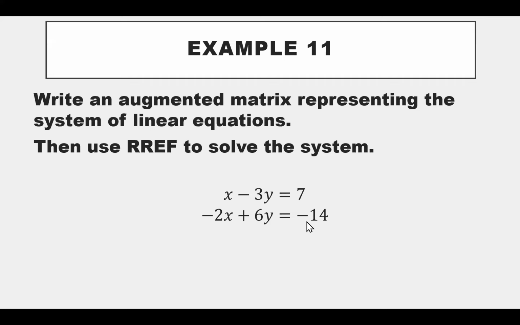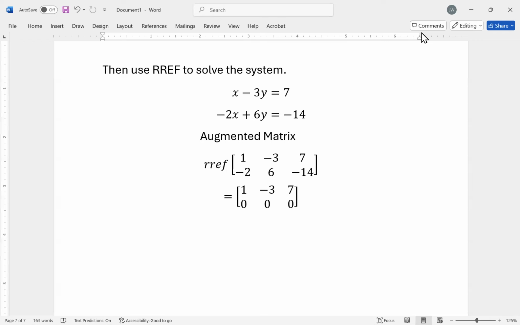Example 11, I just changed one number. I'm going to change that -10 to a -14 and see what happens. I'll do this one really quickly. So the augmented matrix has first row of 1, -3, 7, second row of -2, 6, -14.